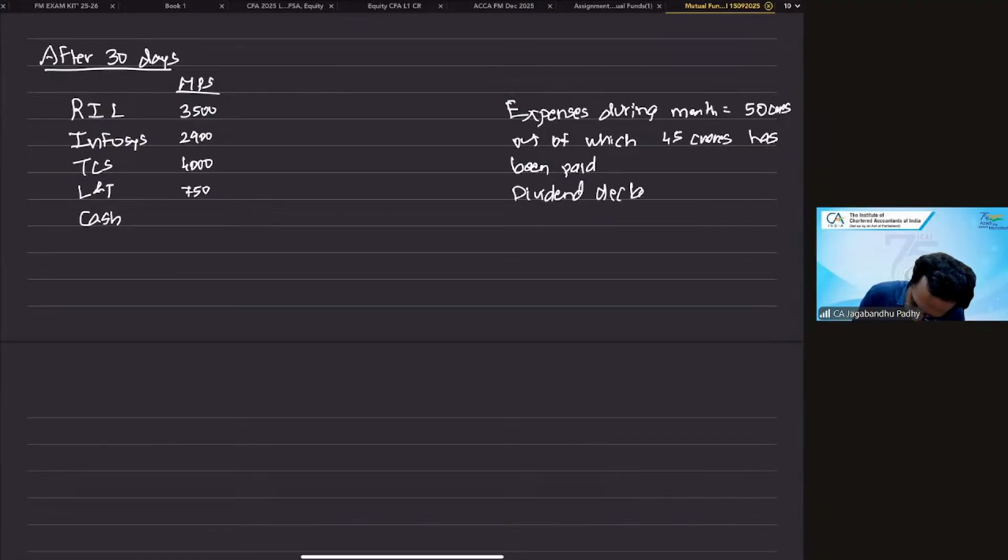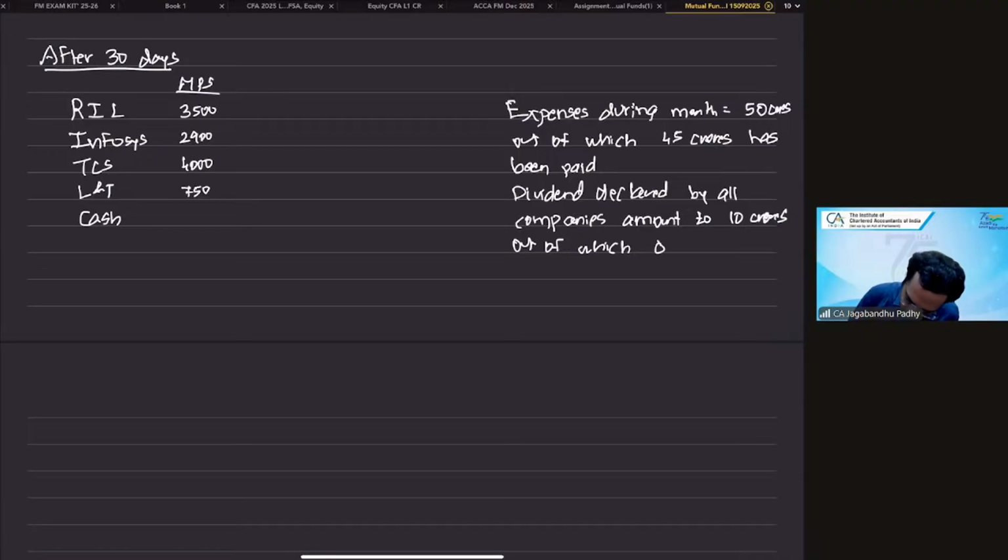And dividend declared by all companies amounts to 10 crores, out of which 8 crores have been received. Okay, so this is the information that I'm providing you.